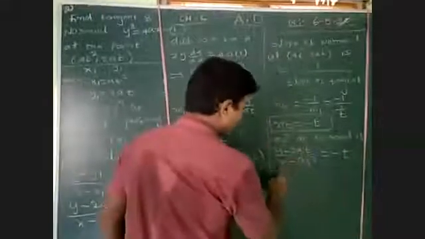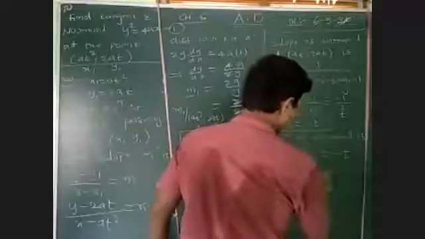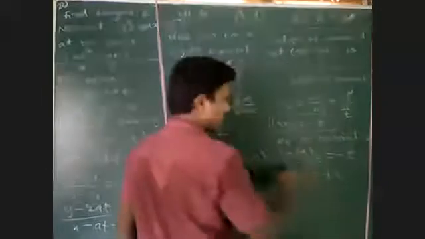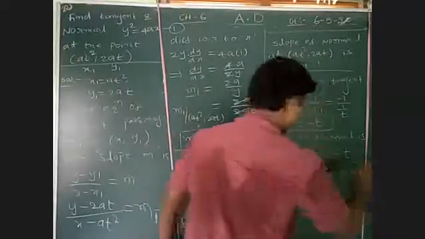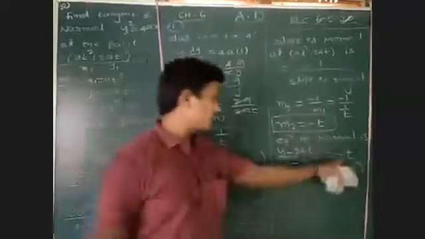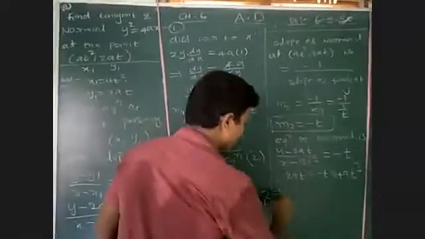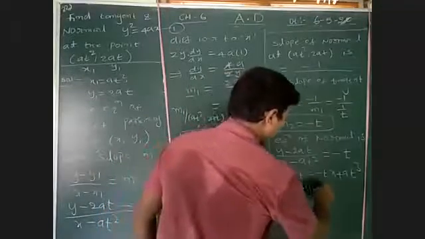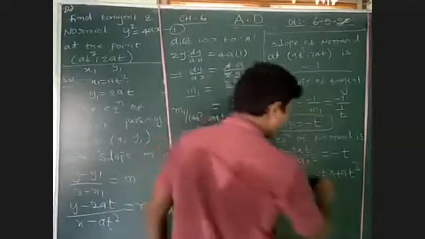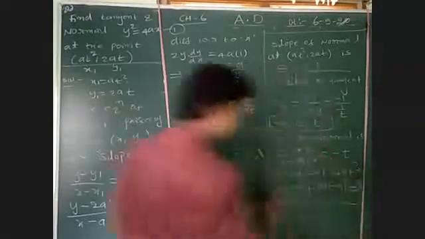Just cross multiply: y minus 2at is equal to minus tx, x into minus t is minus tx, minus into minus plus at cube, t square into t is t cube. Take all values to one side. So tx plus y minus 2at minus at cube is equal to 0.